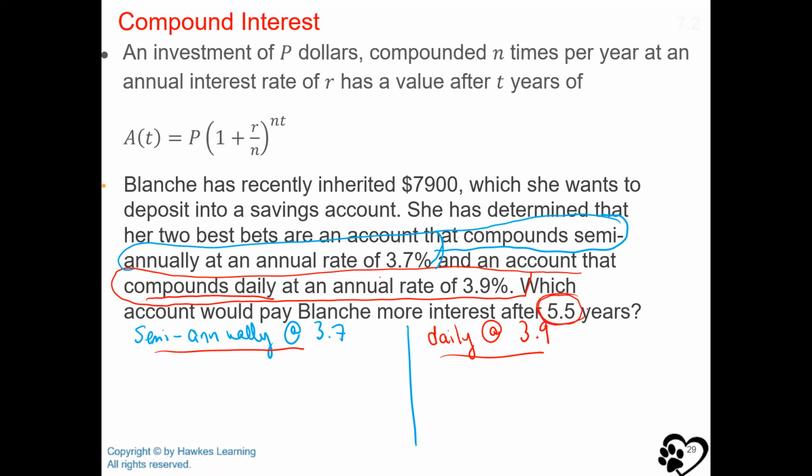Okay, so there's our time. Now, the reason you have to know how often it compounds is because in this formula, the N represents a number of times it compounds per year.